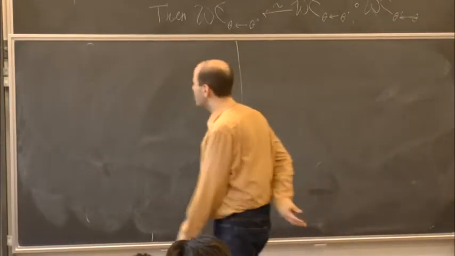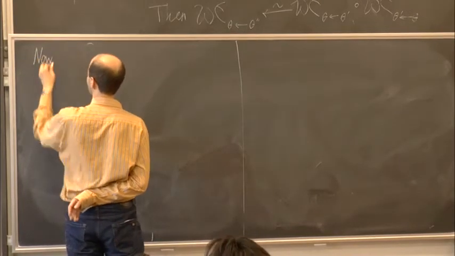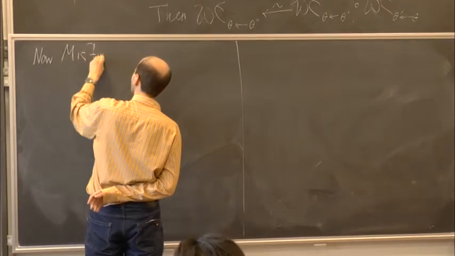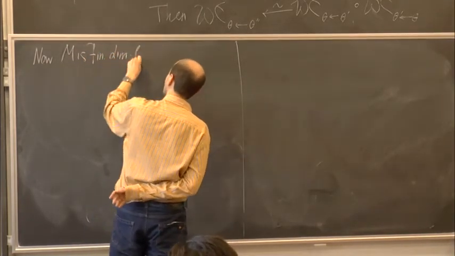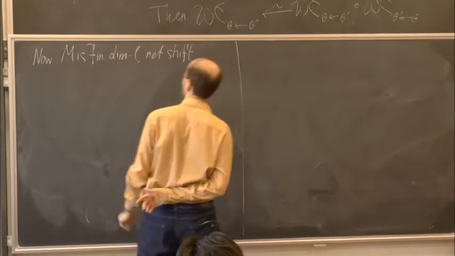So the question now. All right. So now M is finite dimensional. It's not shifted by real short-wall crossings.